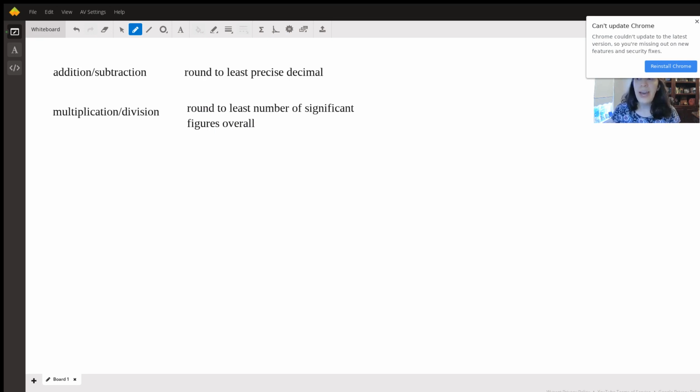So first you had an addition part. So we want to make sure that we are looking at the decimal places for that. I like to do it vertically because it makes it really easy to see where you're going to round things to. So we have 34.123, and we're adding to that 5.30.